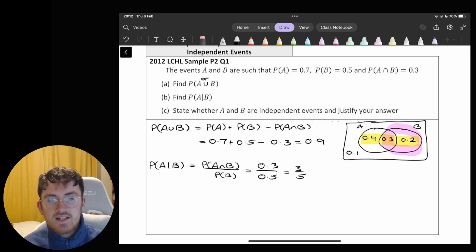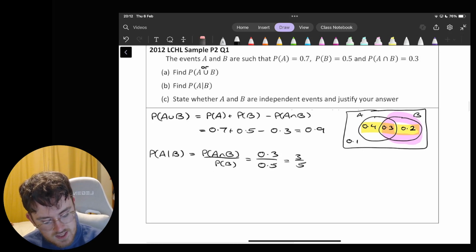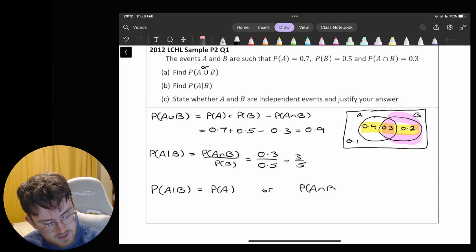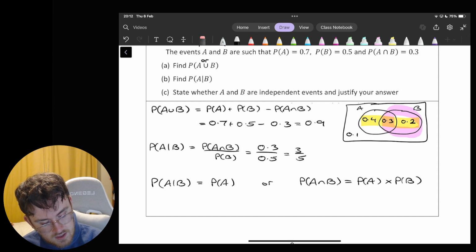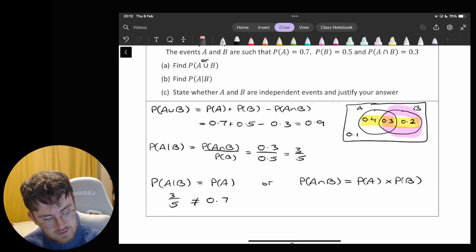We're asked in part C to state whether they are independent and to justify our answer. So to say they're independent, we would need the probability of A given B to be equal to the probability of A, or the probability of A and B happening is the probability of A times the probability of B. Probability of A given B we worked out as 3 over 5, which is not equal to 0.7.